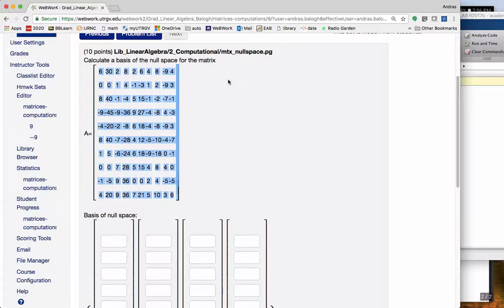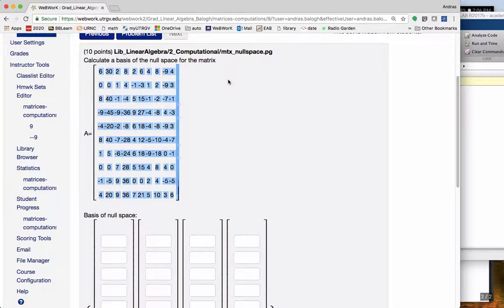So then we had to write this with some free variable notation like s times one vector plus t times another vector, and these vectors were the basis vectors for the null space.